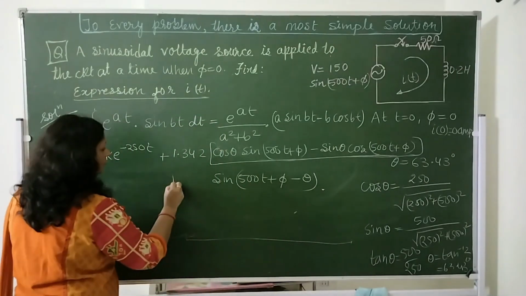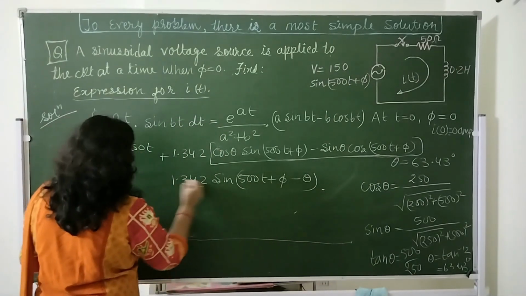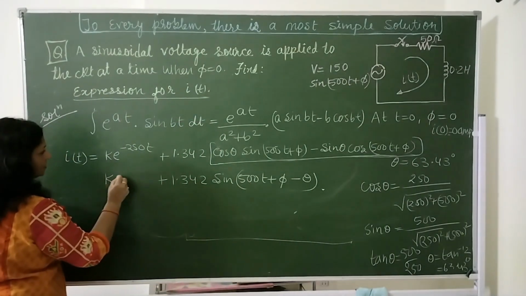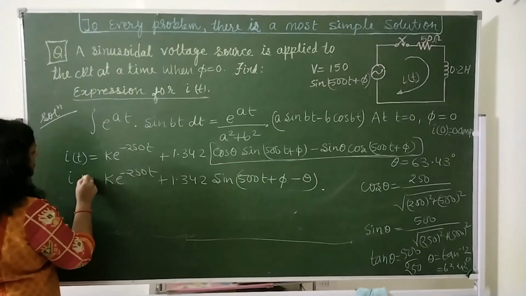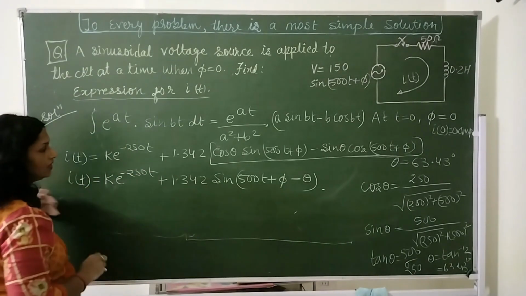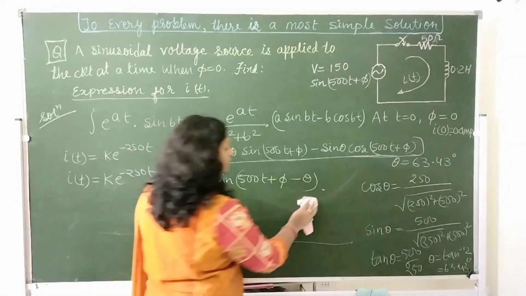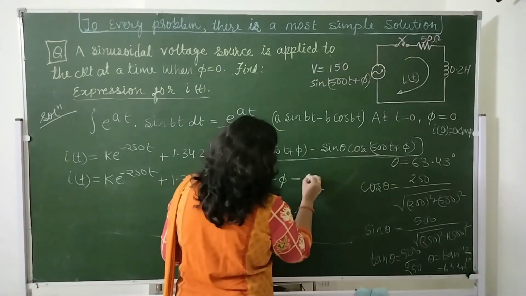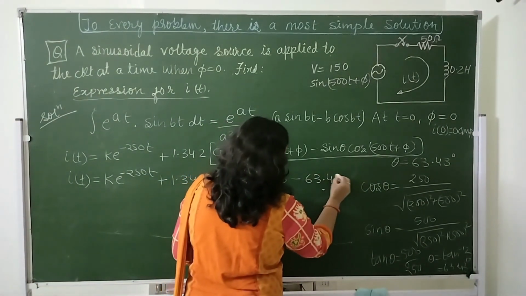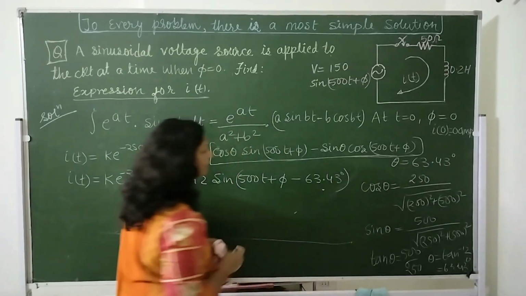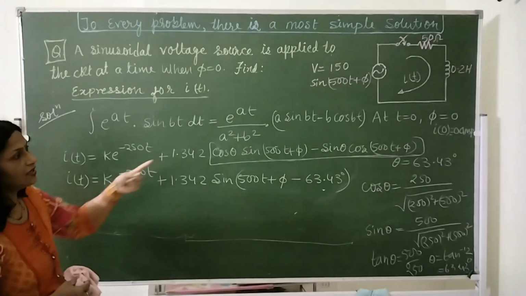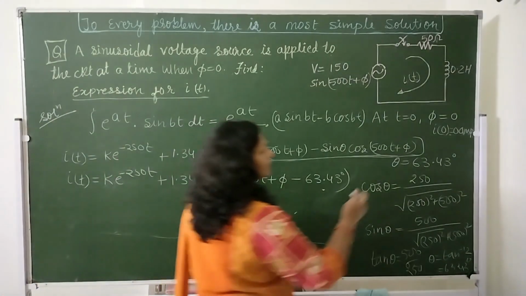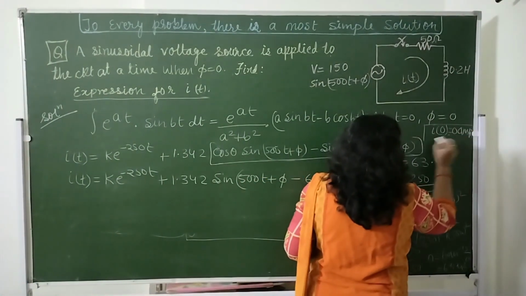Okay, this we got. Write down this as it is, this as it is, this as it is. So this is the value where theta is 63.43 degrees. Now we will find K with the help of the current at time t equals 0.